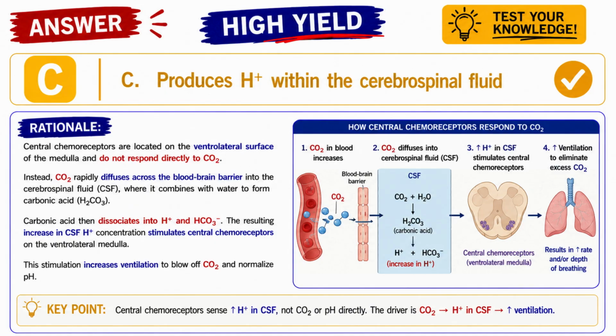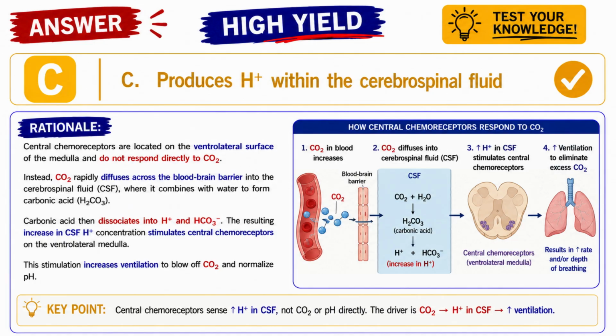Here's why. This question reinforces the core mechanism established in question 3, but approached from a different angle. Central chemoreceptors do not sense CO2 directly. They sense the consequence of CO2 entering the CSF. CO2 crosses the blood-brain barrier, enters the CSF, reacts with water via carbonic anhydrase, forms carbonic acid, dissociates to H+ and bicarbonate.